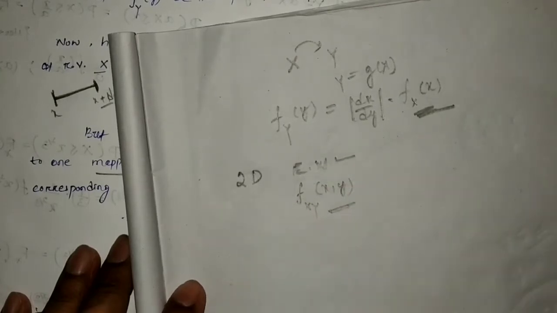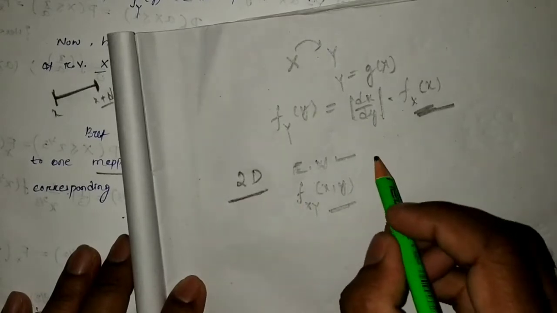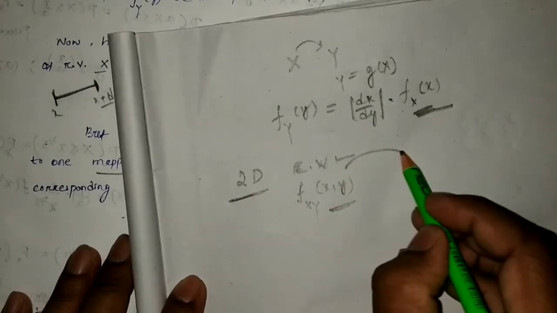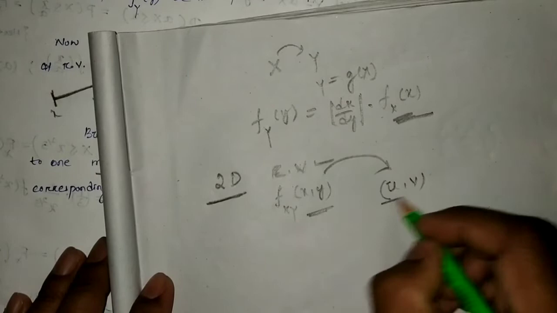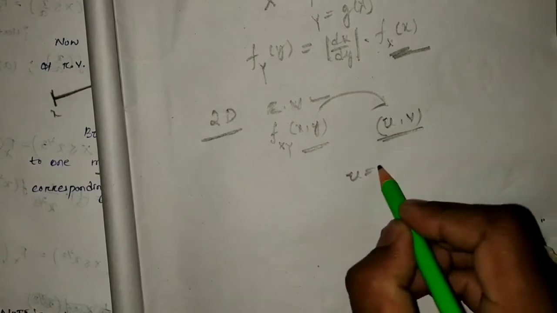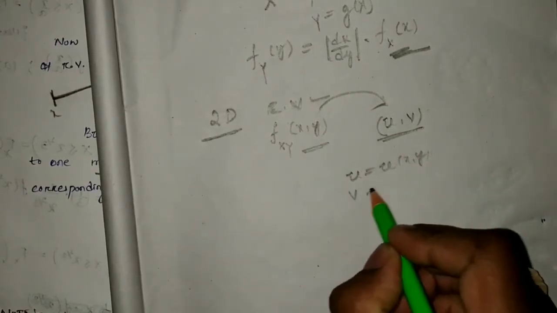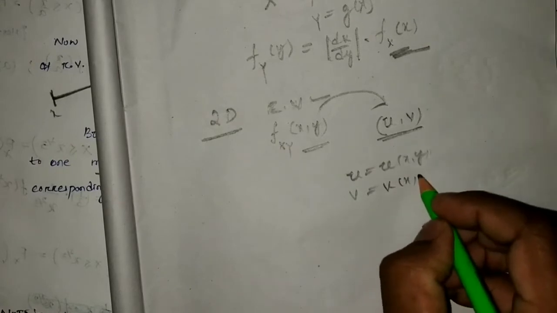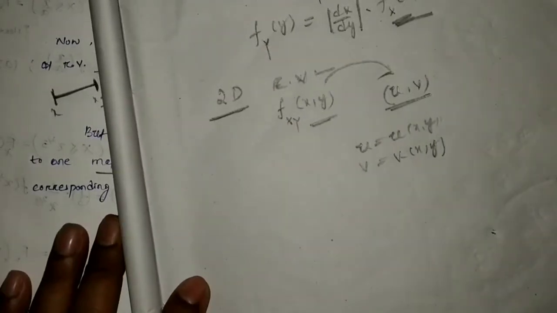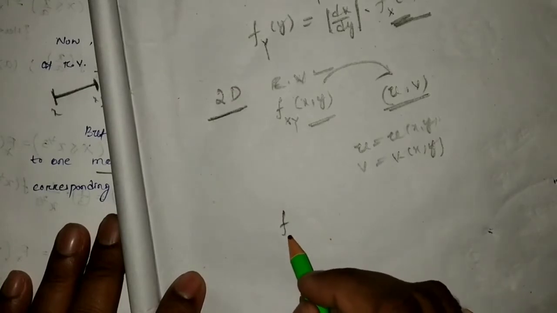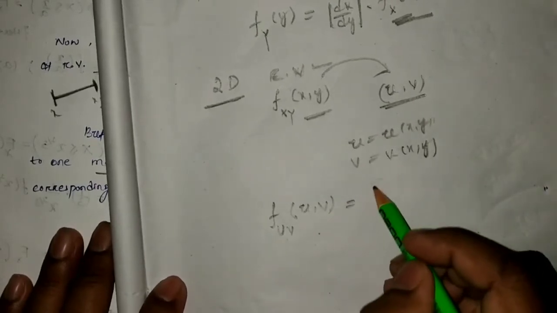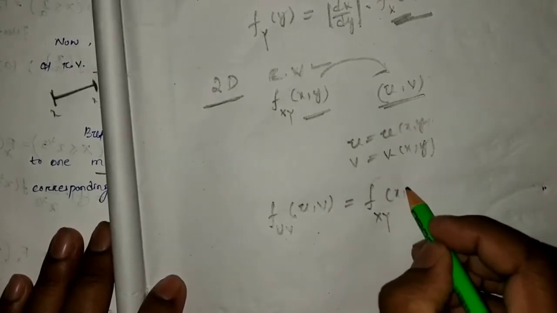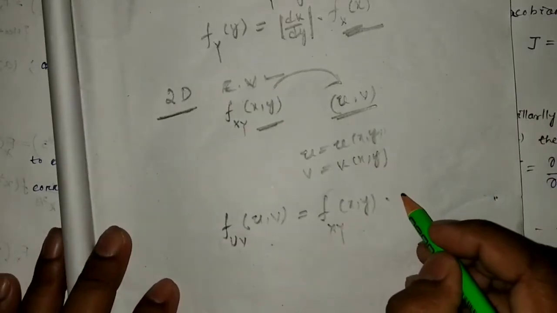This is your joint probability density function for the two-dimensional random variable, and these two variables are transformed to another two random variables, suppose u and v, where u is a function of x y and v is also a function of x y. Then the PDF of u v will be written as the PDF of x y into the two-dimensional Jacobian.